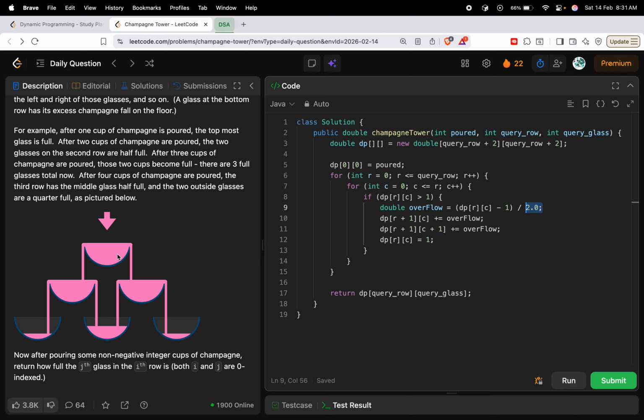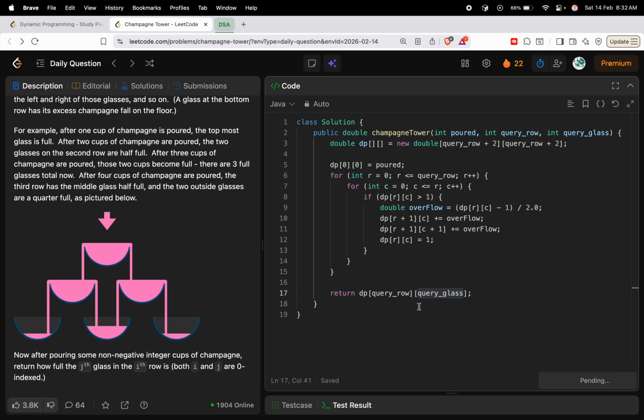So if I am in the r-th row and c-th column, the champagne in (r, c) will flow into (r+1, c) and (r+1, c+1). That is what I am doing here, and then I set the champagne in the current cell to 1.